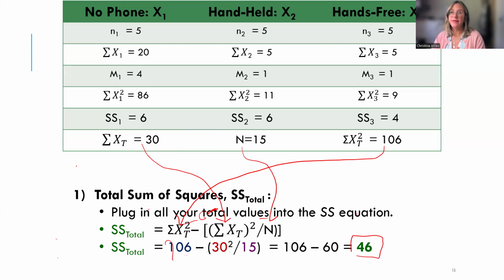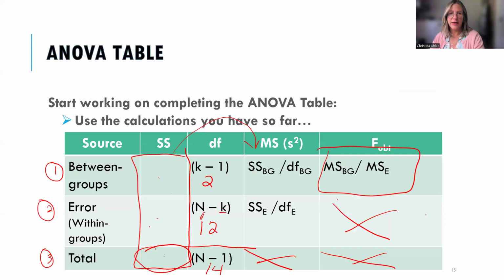And then we can plug that into our ANOVA table. So basically, I could put right here 46. So I know that whatever I get for between groups, whatever I get for error, I can plug it in. I could add those together and they should equal 46.